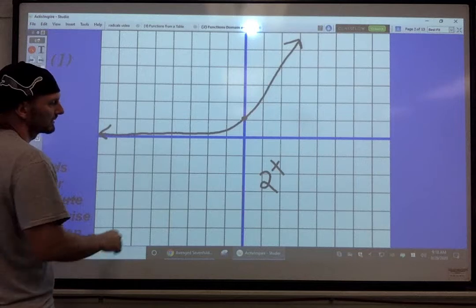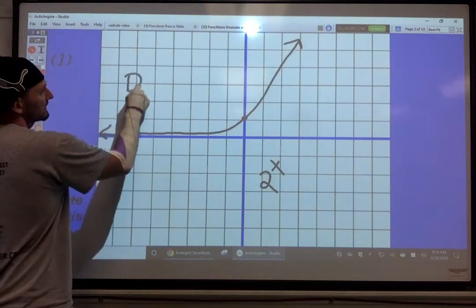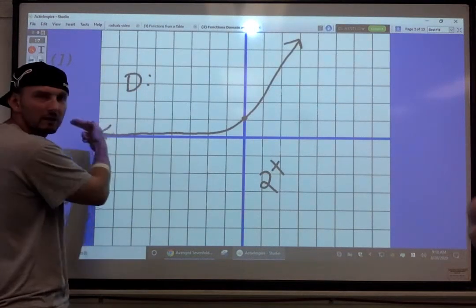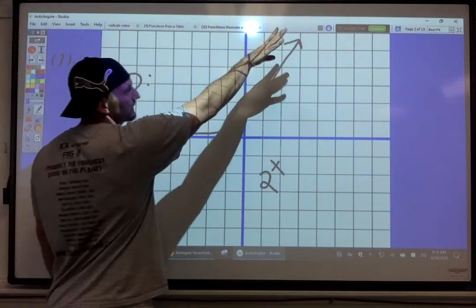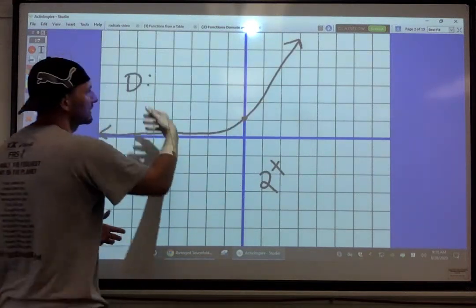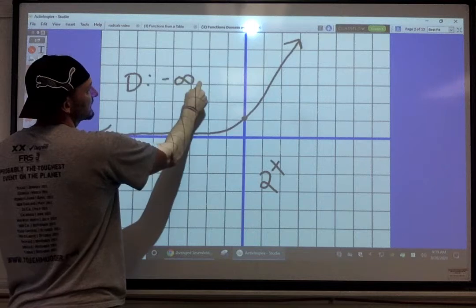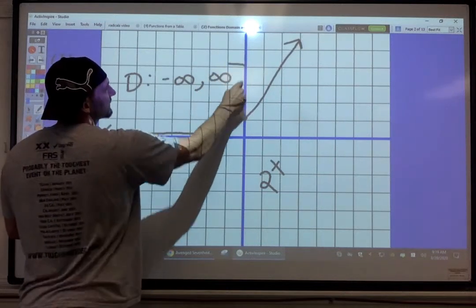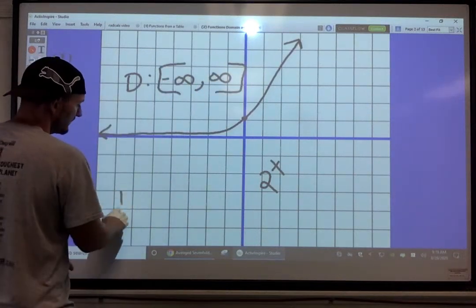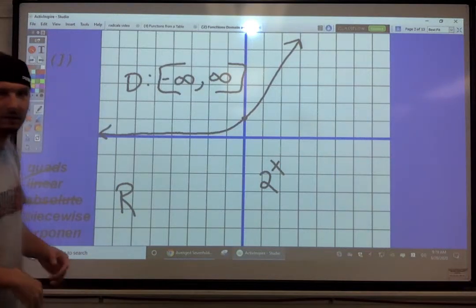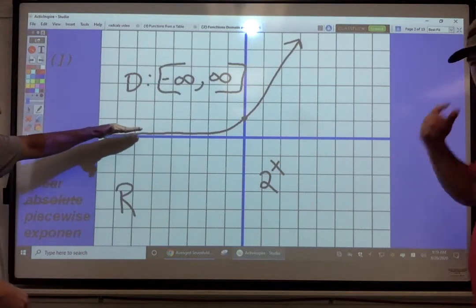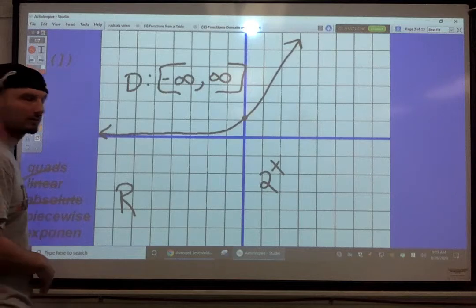Never. So the domain is left and right. Well, it's going left forever, it's going right forever. So it's like some of the previous, it's all real, or negative infinity to positive infinity included. But the range, again, we're not going to touch 0. So we're getting smaller, but we never touch 0.